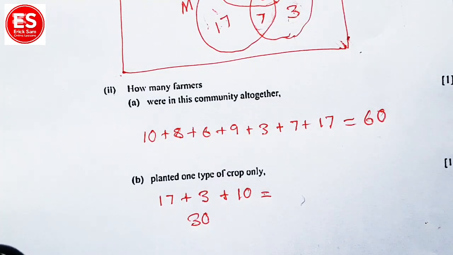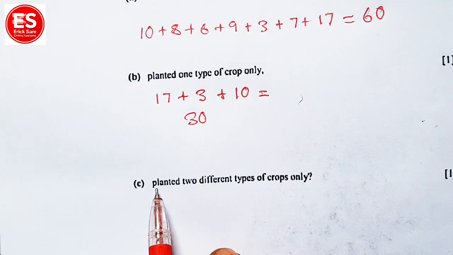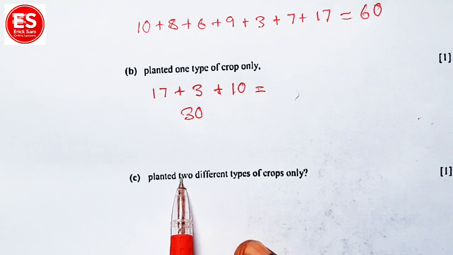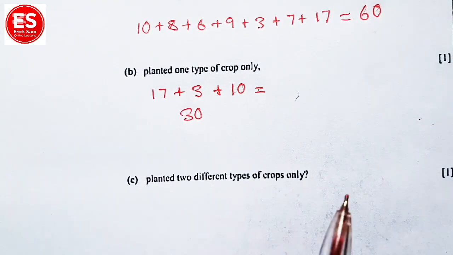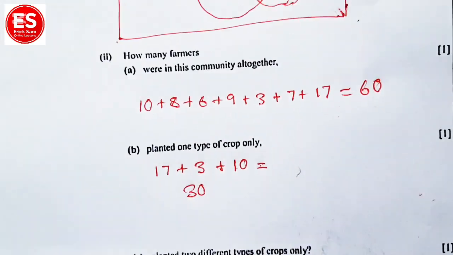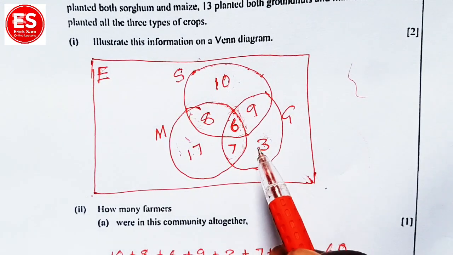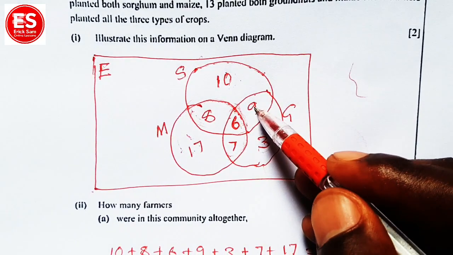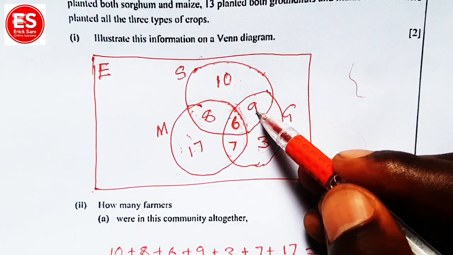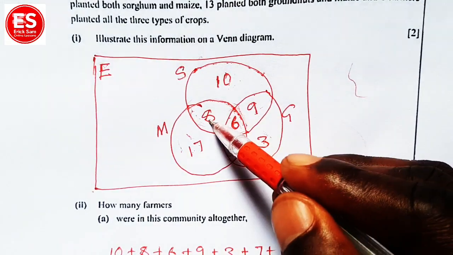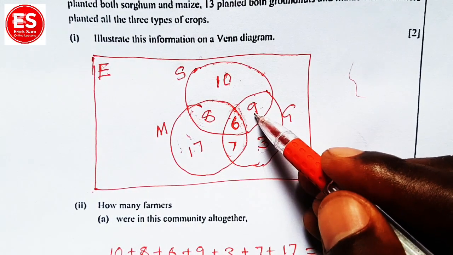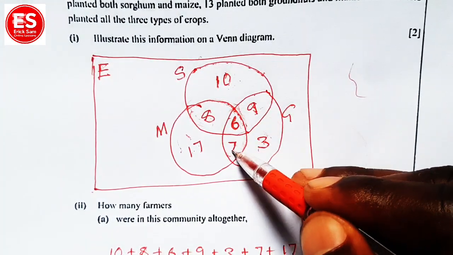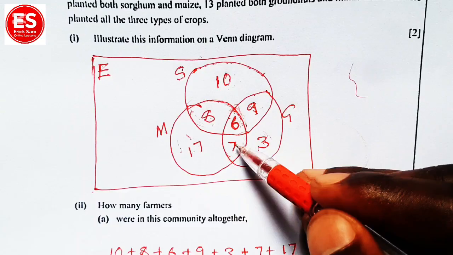Okay, so the next one, you are looking at those that planted two different types of crops only. You are looking at this one here, the only numbers that are here. Don't include the one in the middle. So it's this type only. Here, these numbers, okay? So you add 8, 9, 7.